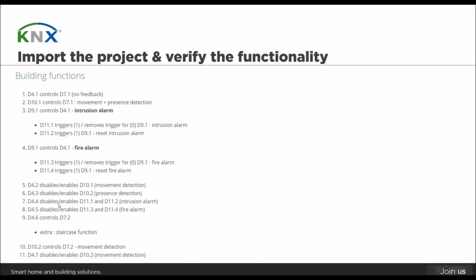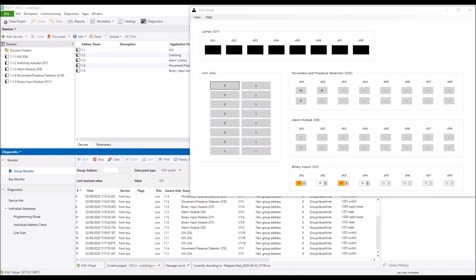Then let's see the next item from the switching plus view, which is actually point number 6. D4.3 enables D10.2, which is the presence detection. Let's go again to KNX Virtual, and we can see that D4.3, which is the third channel from the push button, does the same, but this time with the presence detection.